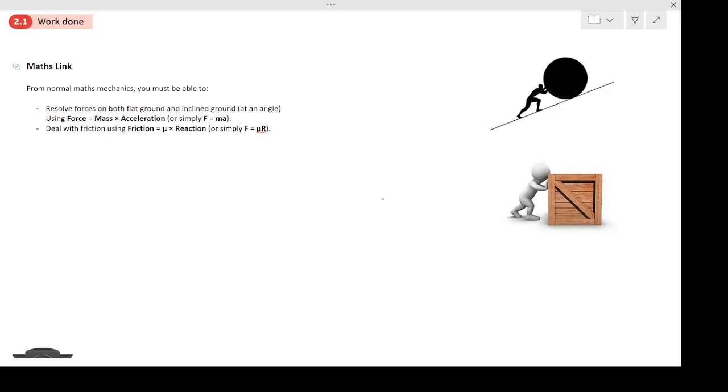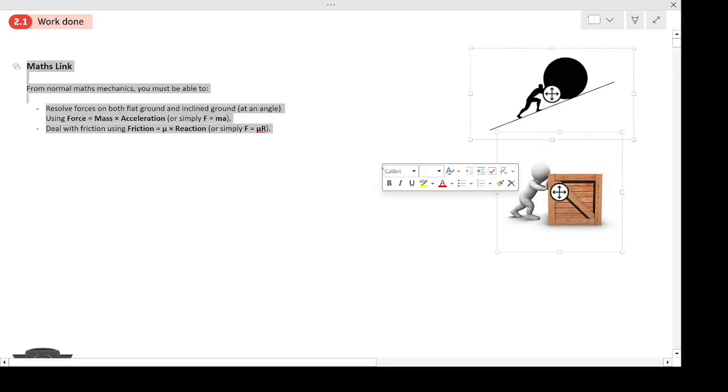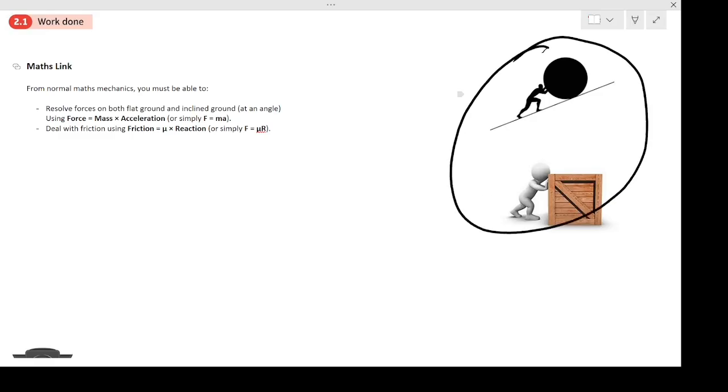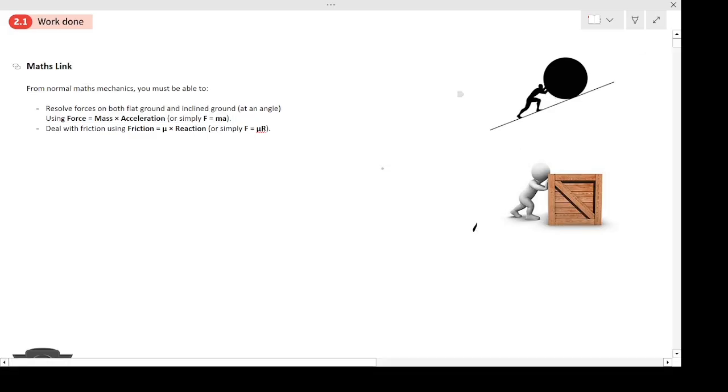Right, so work. As you can see, I've got these two pictures on here. The idea of work, you can think of as physical work, or working out, or movement, something like that. With these two pictures, we've got a person pushing something forward, whether it's pushing a boulder up a hill or pushing a crate.